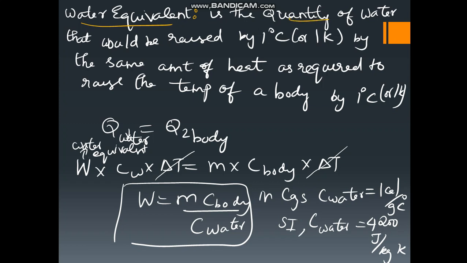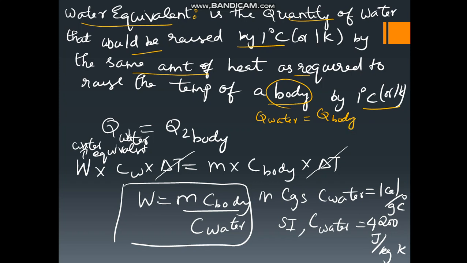It is the quantity of water that would be raised by 1 degree Celsius by the same amount of heat that you are giving to a body that is raised by 1 degree Celsius or 1 Kelvin. So the heat supplied to the water is the same as the heat supplied to that body.